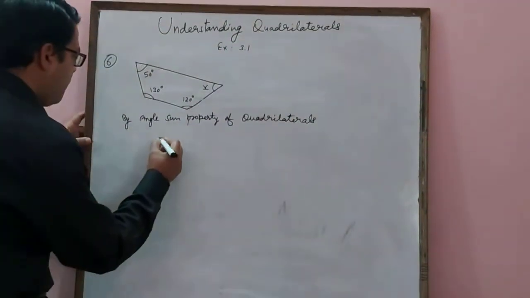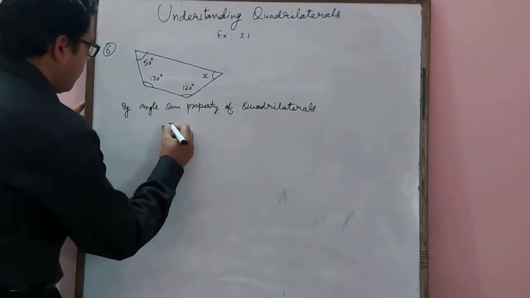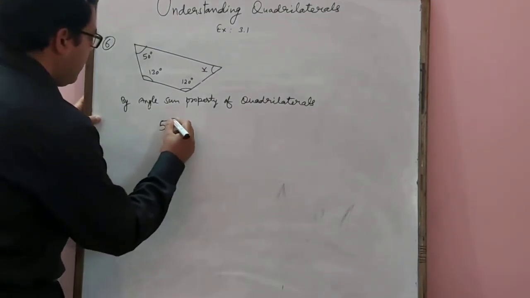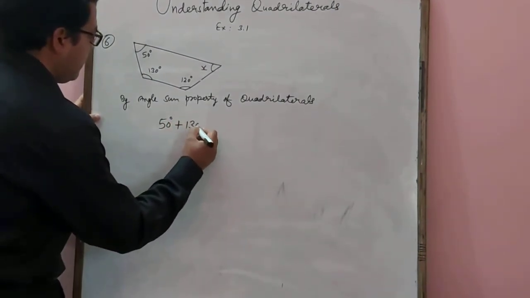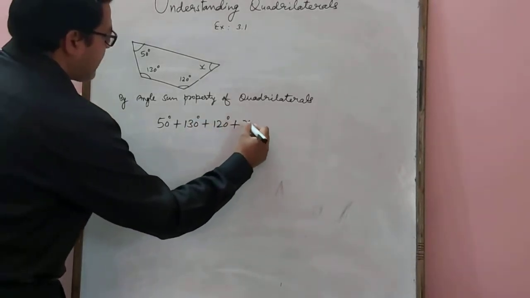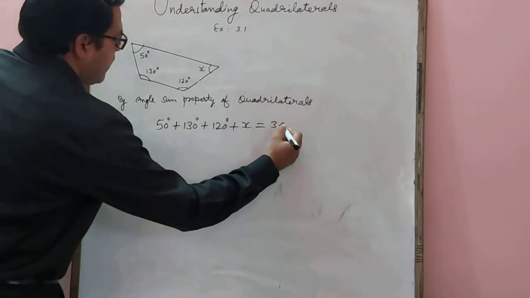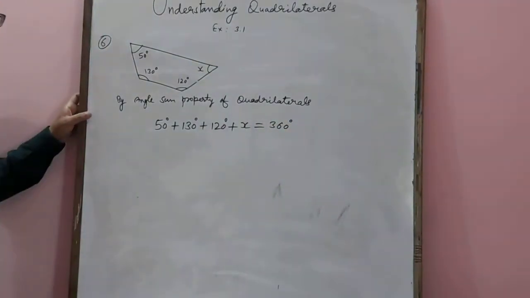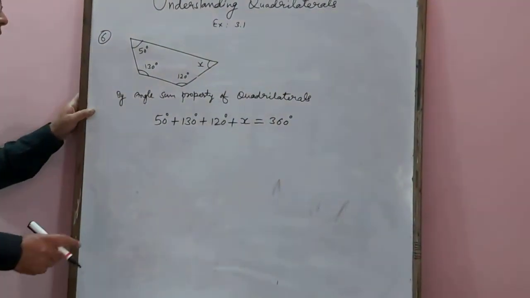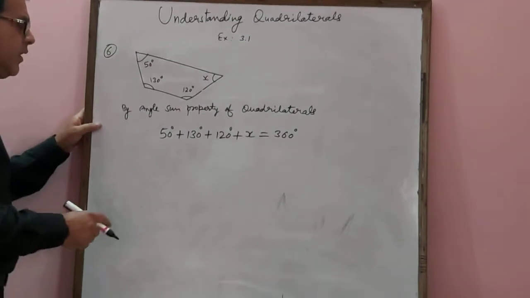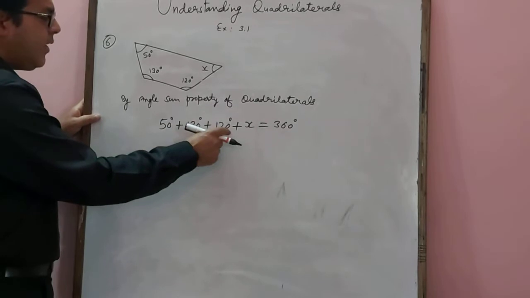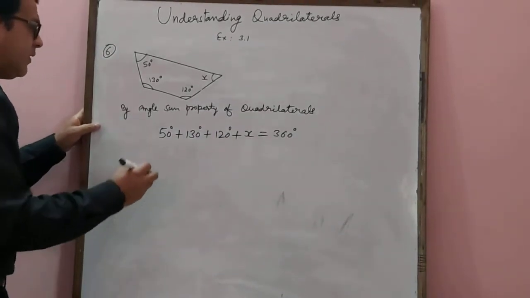So if we add all the angles together: first angle 50 degrees, plus second 130 degrees, third 120 degrees, fourth x degrees. We don't know the value of x. We have to find x, and we know their sum is 360 degrees. Now we add all these together. 50 and 130 is 180. 180 and 120 is 300.